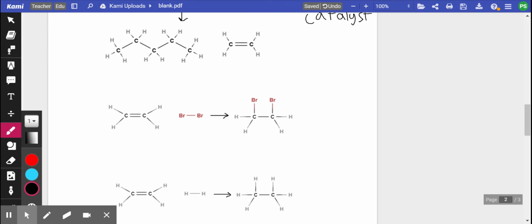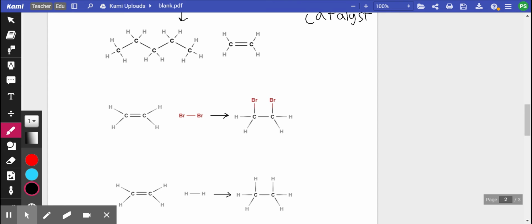This is a readily available reaction because there's no need for any special conditions. As you can see, what happens here is this double bond breaks and you form 2 individual bonds with the bromine atoms.